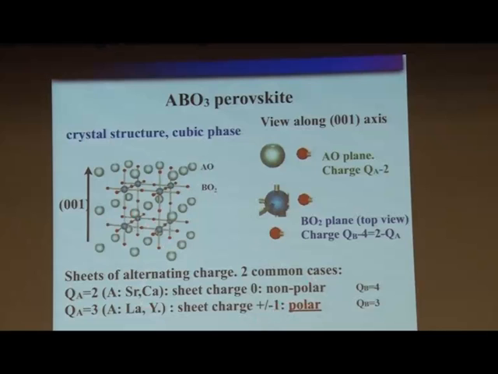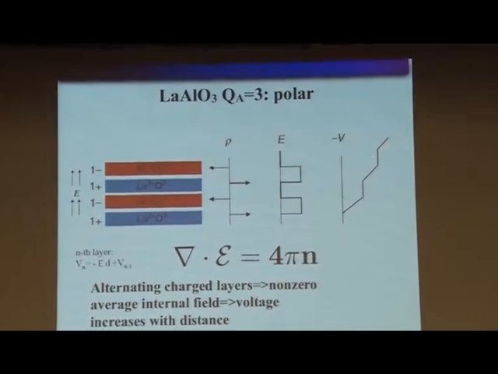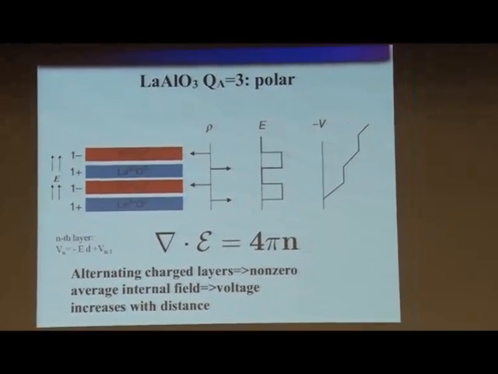The system that we are talking about has this so-called polar LaAlO3, and then you can do this very simple calculation. Everything that comes is because of this constant of integration, because that adds up at every layer, and then it immediately runs away as the number of layers goes up.